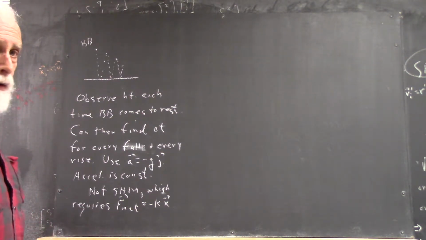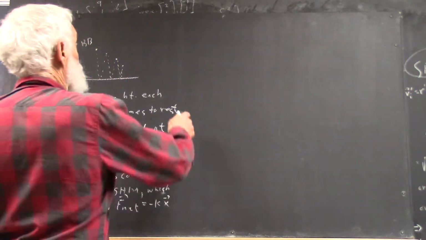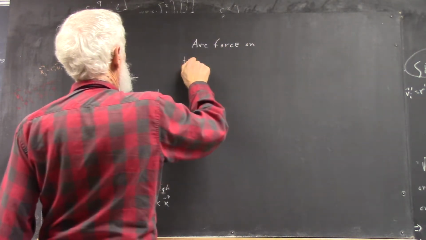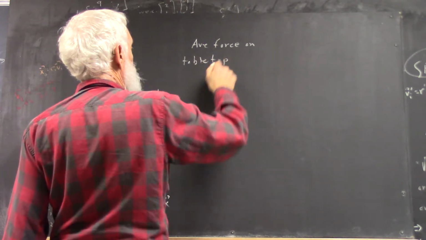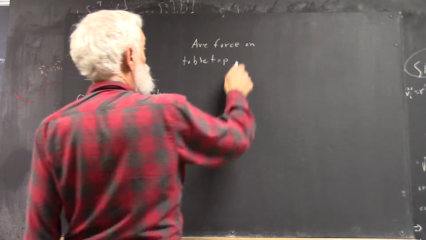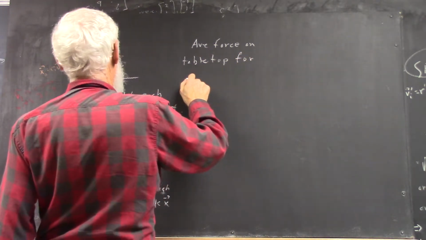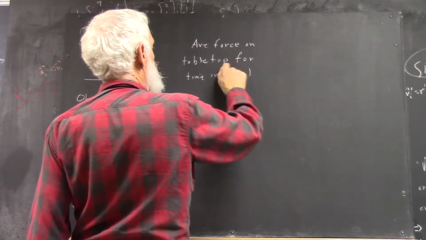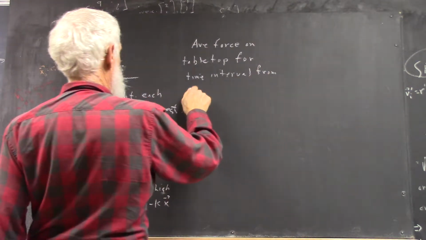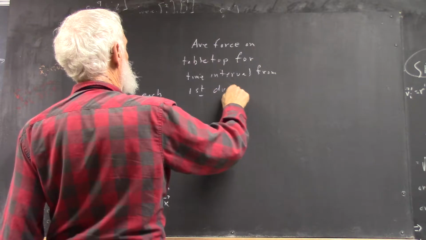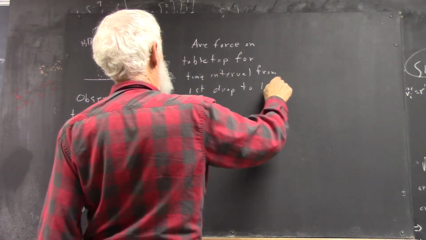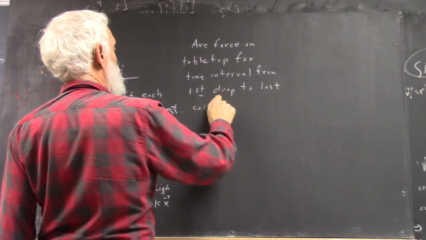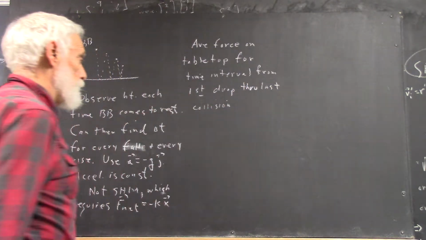Okay, well, then we get to the question I posed: what's the average force on the tabletop for the time interval from the first drop to the last collision, and I'll say through the last collision, okay?